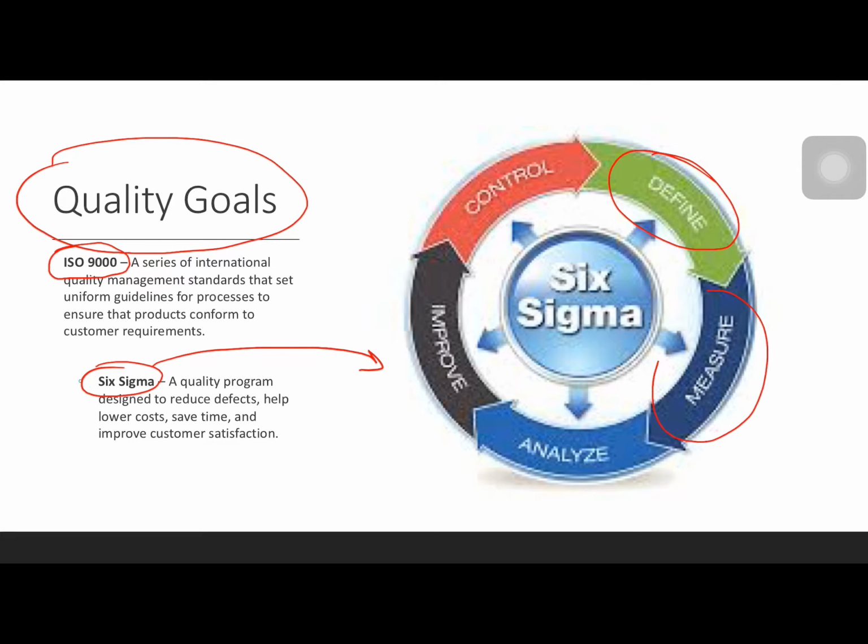Then measure. You need to measure what is the output you're planning to achieve through the input. Analyze. You need to analyze the process. Am I achieving required productivity? Am I reducing the wastage? Am I improving the efficiency? If you are not, improve that one.